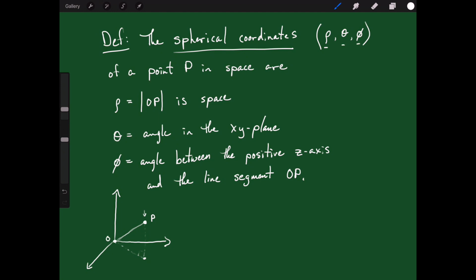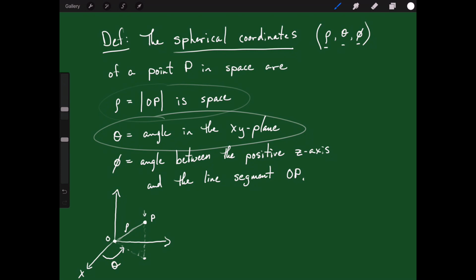Okay, so rho is going to be the distance right here. It's the distance between O and P. So this distance right here I'm going to call rho. Theta is the angle of the projection of that point into the xy plane. So this is my x-axis, and this angle right here, I call that theta.